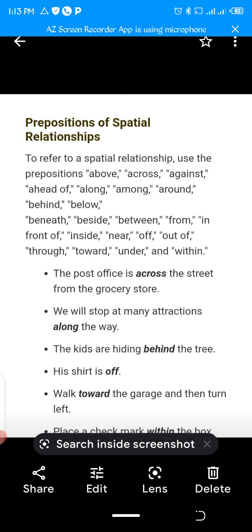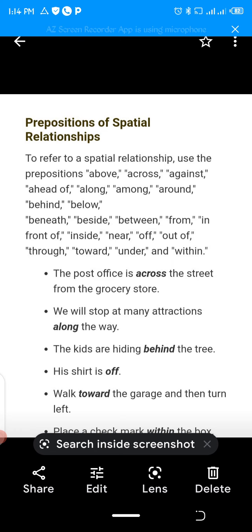To refer to a spatial relationship, we use the prepositions above, across, against, ahead of, along, among, around, behind, below, beneath, beside, between, from, in front of, inside, near, of, out of, through, toward, under, and within.